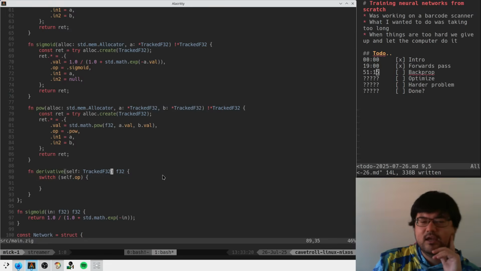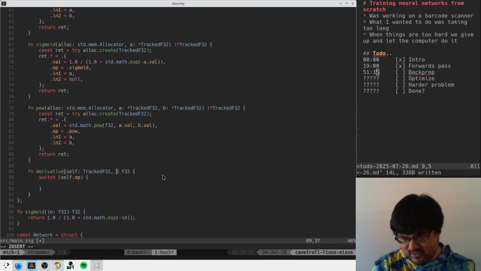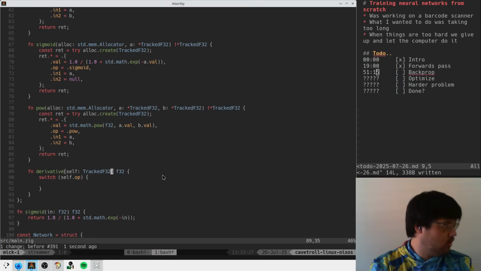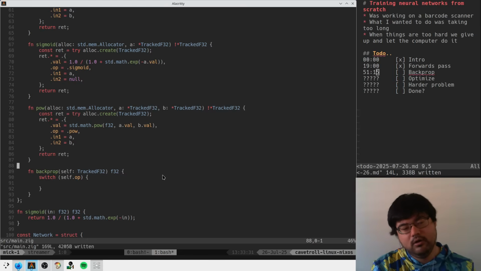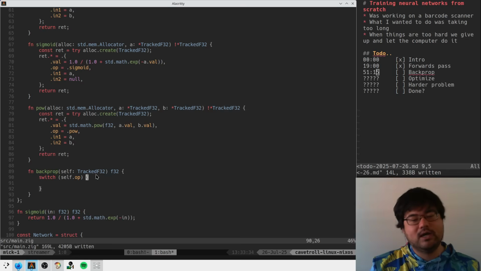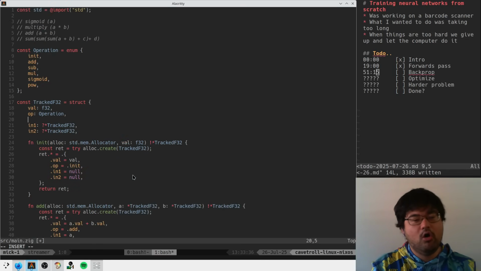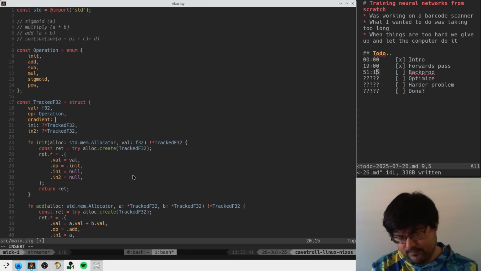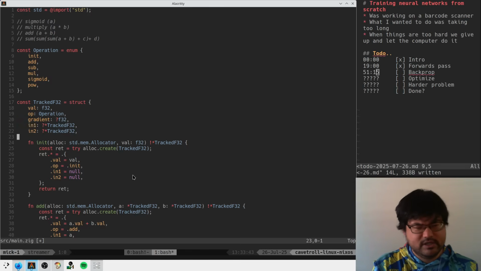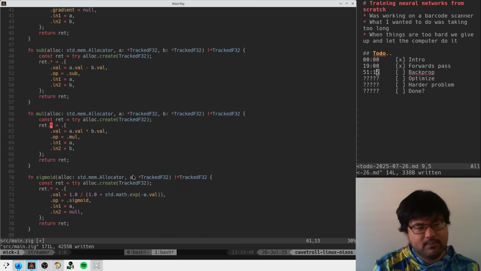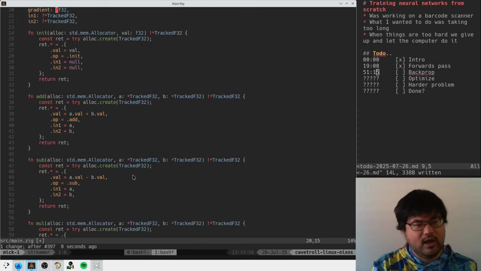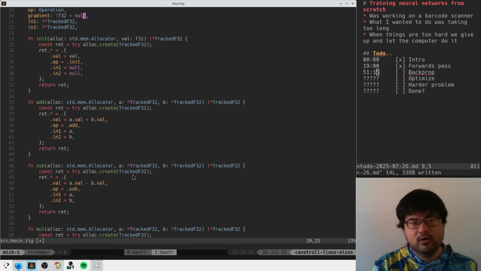So I guess here we need an index. Or maybe we don't calculate the derivative here. Maybe we just do backprop, and a tracked f32 can own a gradient thing here that is by default initialized to null. Okay, yep, that makes sense. And for now, I'm just going to write equals null here.